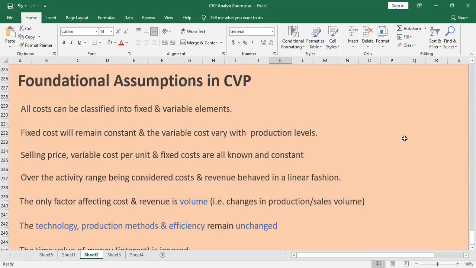Since we are using this cost profit volume analysis for short term decision making, this assumption is quite realizable, right? Because in short term period, in a given level of activity range, we can safely assume that fixed cost is not going to change. That is okay.